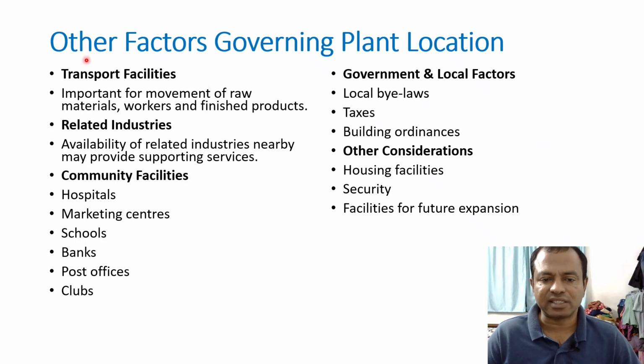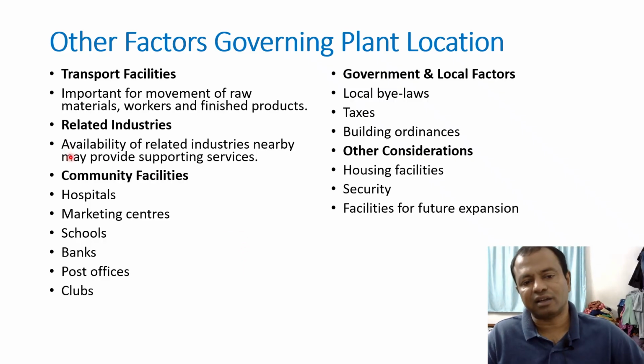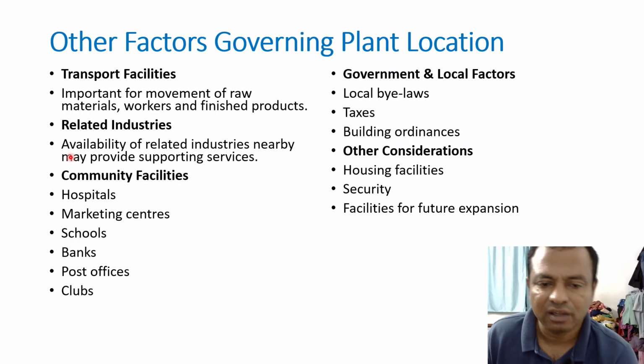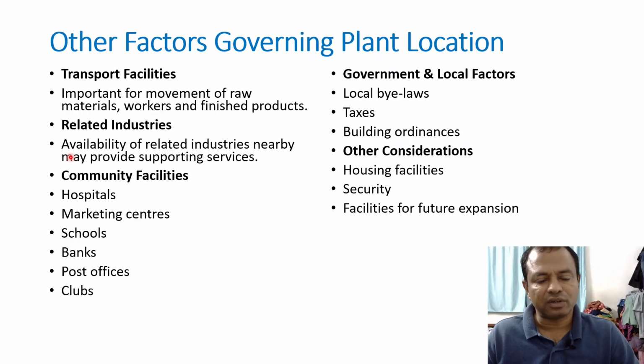Then other factors governing plant location are transport facilities, transport of raw materials as well as workers and finished goods. Then another important factor is related industries. For example, for a factory producing automobiles, usually there will be many industries around that automobile factory which are supplying raw materials to it.